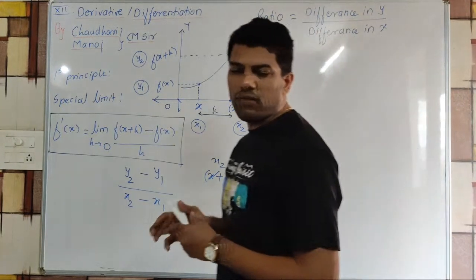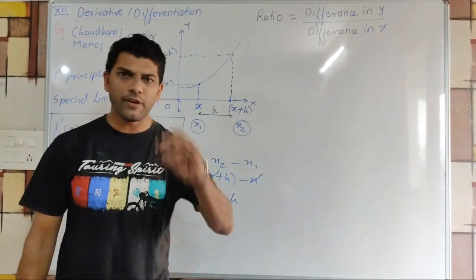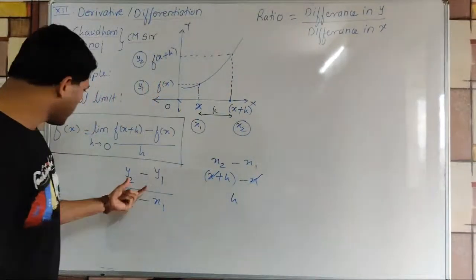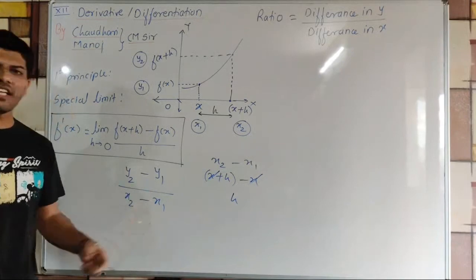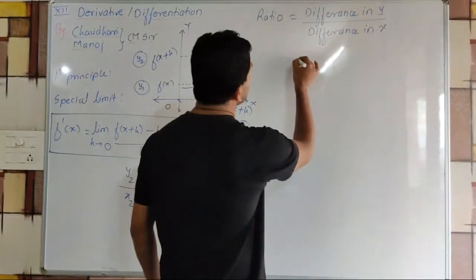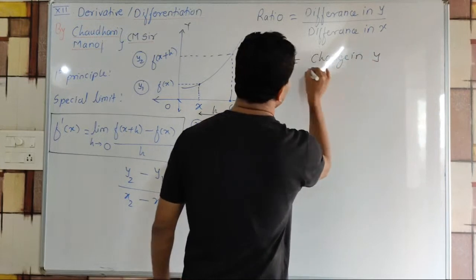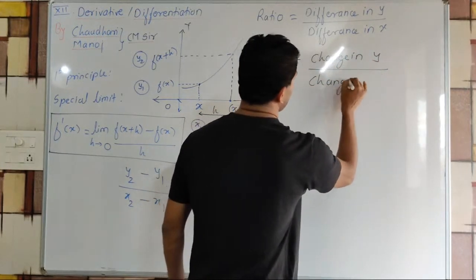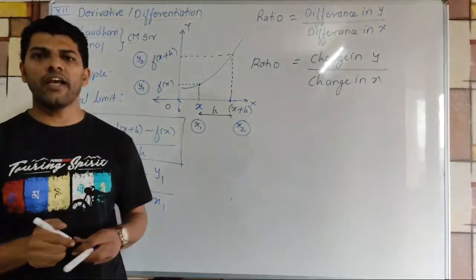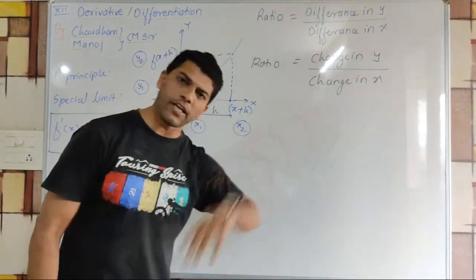This is not exactly the definition of derivative, but somewhat we can correlate derivative with this ratio, which is change in y upon change in x. So this ratio is called derivative, right? Not exactly, but we can correlate the derivative in that particular sense.